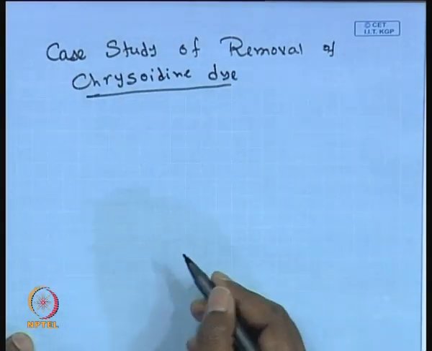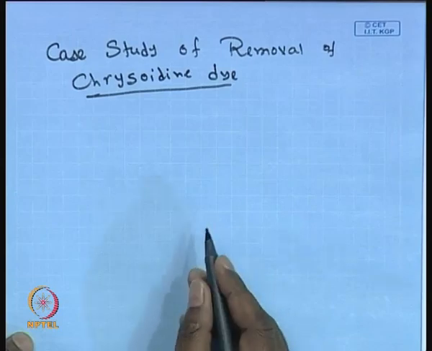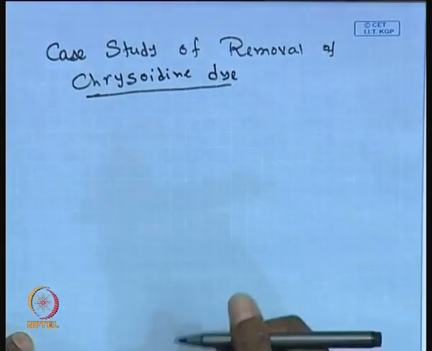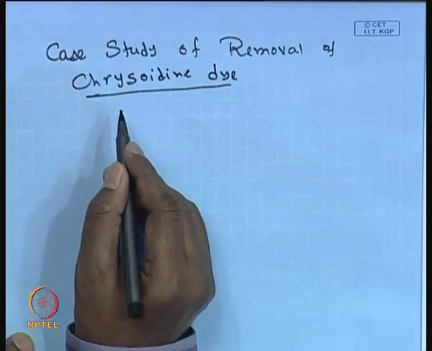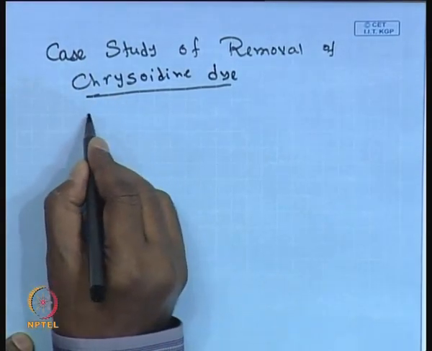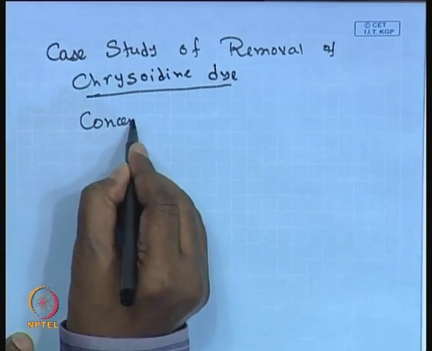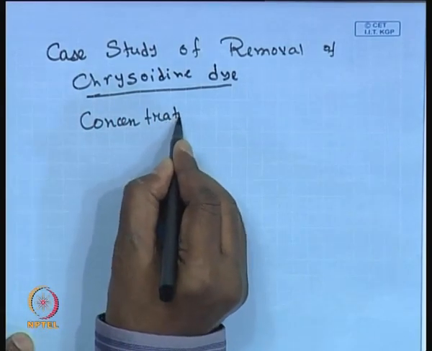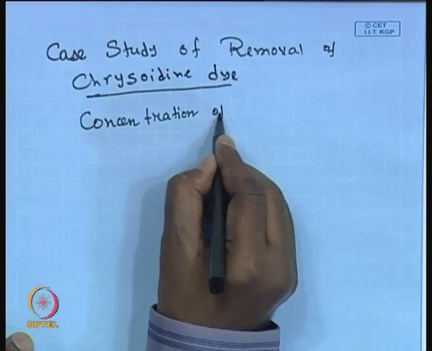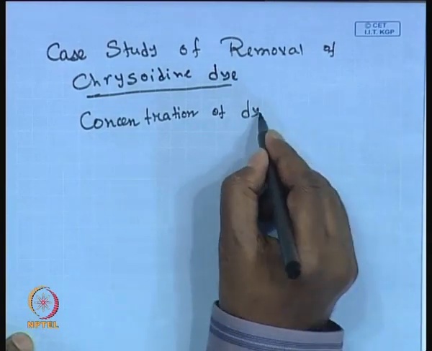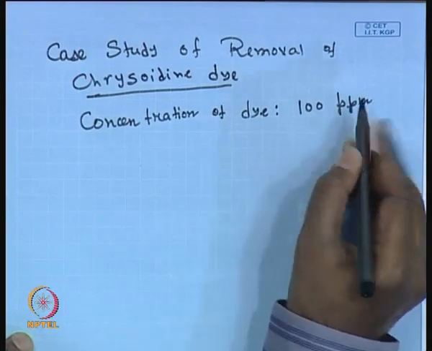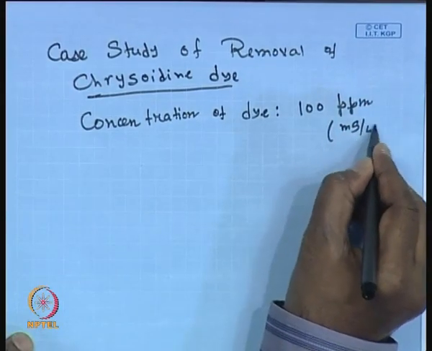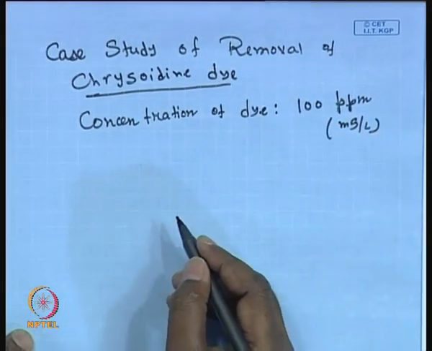The dye is known as the chrysoidine dye, and a typical concentration of 100 ppm of the dye is selected. ppm is milligram per liter, and both Triton X 100 and Triton X TX 114 are used.